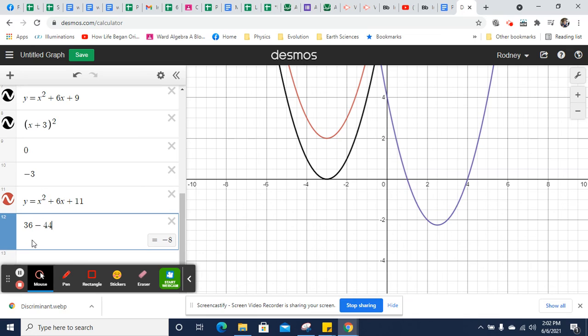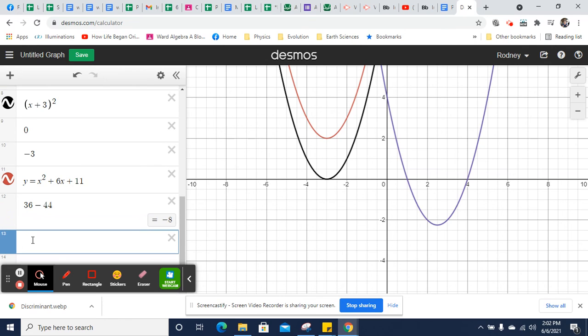And you can't get the square root of negative 8 inside the real number system. The square root of negative 8 is plus or minus the square root of 8 times i, which is the square root of negative 1. You would break negative 8 into negative 1 times 8, and we get the square root of both of those.